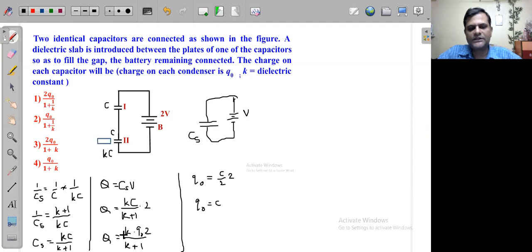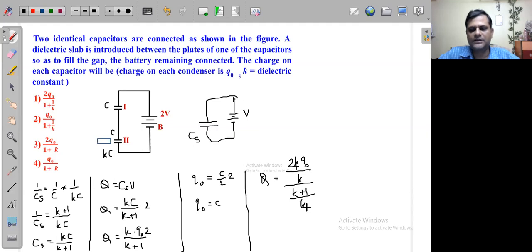Okay, if we just divide this whole thing by K, the numerator and denominator both are divided by K, then we get that Q is equal to K into Q naught into 2, and this whole thing divided by this K plus 1, and that is again to be divided by K only.